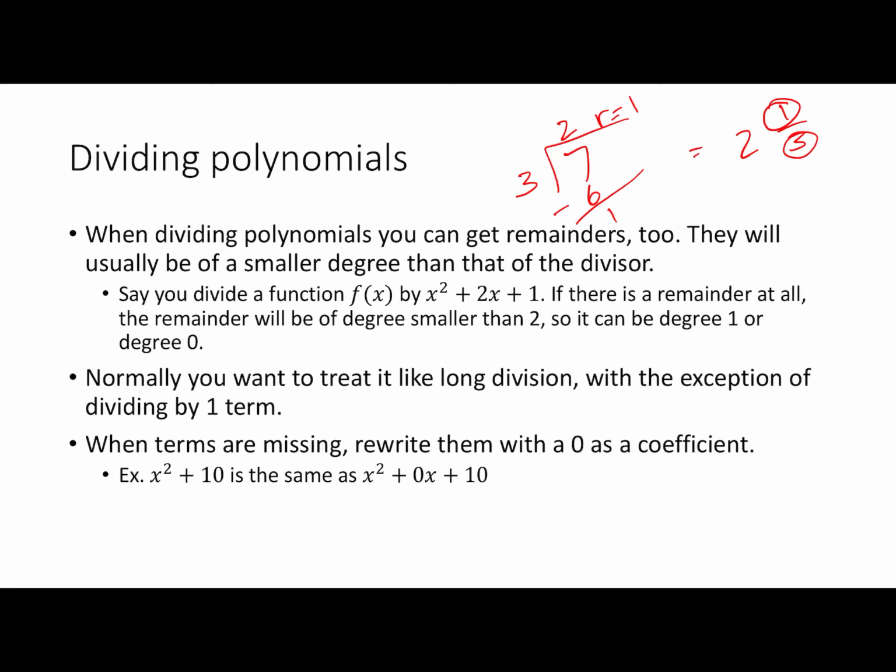Now, whenever you're working with functions, your remainder, whatever goes on top here, is always going to be at least 1 degree less than the degree of your divisor. So let's say we were dividing by a value that looked like this. Well, then your remainder will have a degree that is smaller than 2. So it can either be of degree 1 or it can be of degree 0.